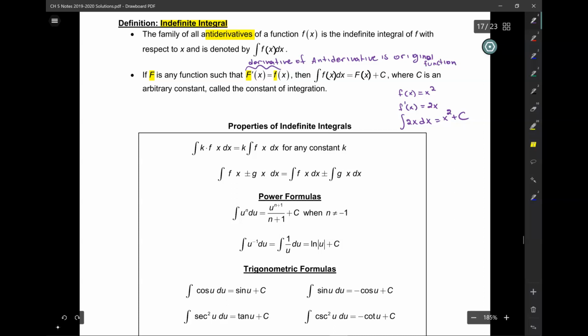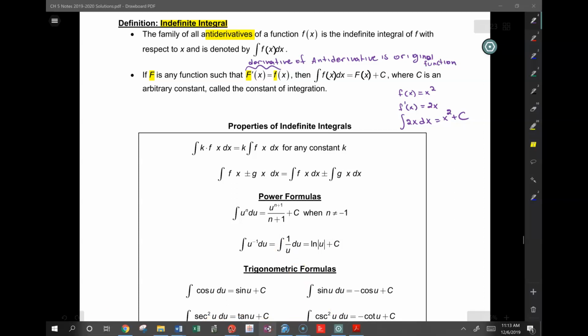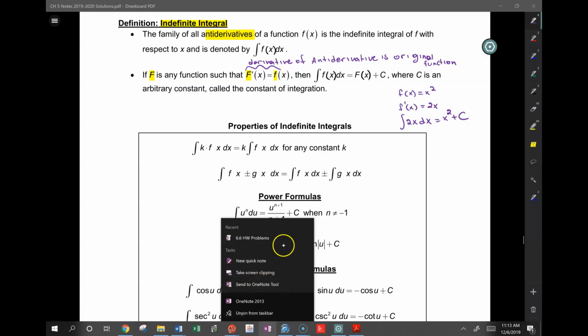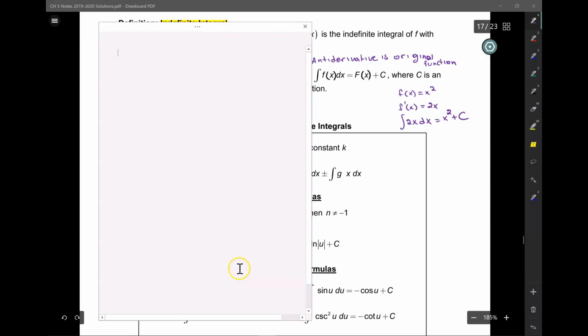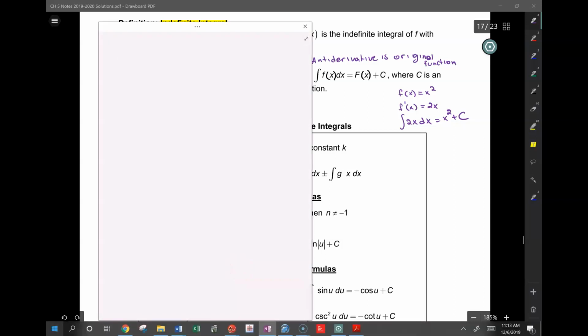Presumably now what we've done is found something so that when I take a derivative, I get 2x. When I take a derivative of this, I get 2x.